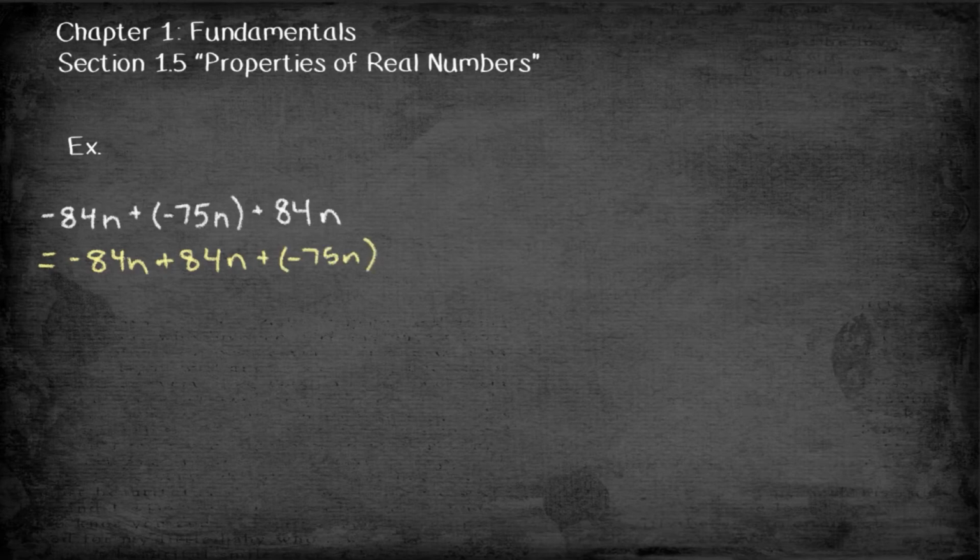And then I can observe, hey, 84 and negative 84 are opposites. So according to the inverse property, this is going to give me 0 times n plus negative 75 times n. And I know 0 times anything is 0, so really I'm just left with negative 75n, and that's a lot easier than just going straight left to right.